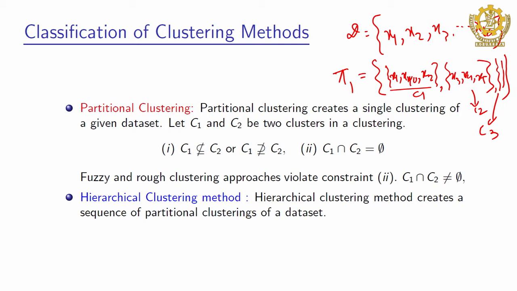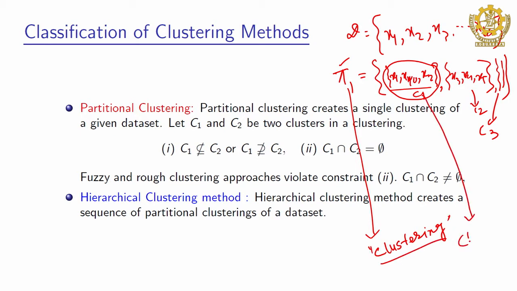Okay. Now, as I said, this is something called the cluster, but this entire result, that is pi 1, is called the clustering. So, pi 1 is called clustering and then C 1 is called the cluster.